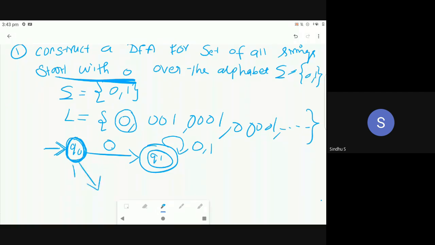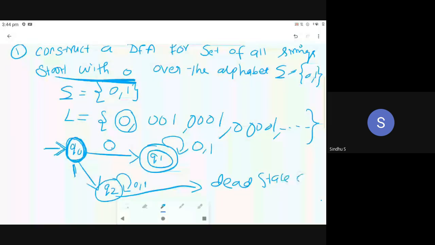So I have to handle 1. If initially my machine encounters the input 1, then it will come to a state q2. This state is called a dead state or trap state. Why do I call it a trap state or dead state? There will be no connection from this state to the final state.